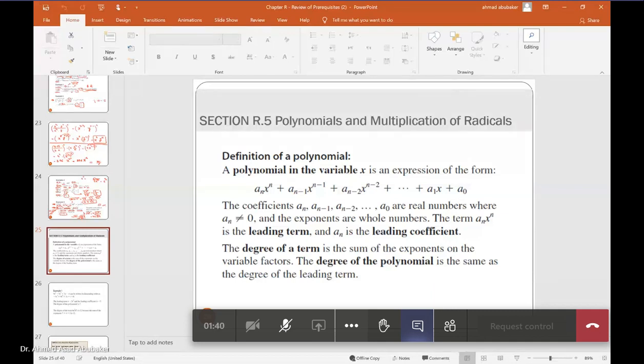We have polynomials: how to find the addition, subtraction, multiplication, and division of polynomials, how to find the factorization of polynomials, and how to rationalize the denominators. This is the subject of this lecture, inshallah.